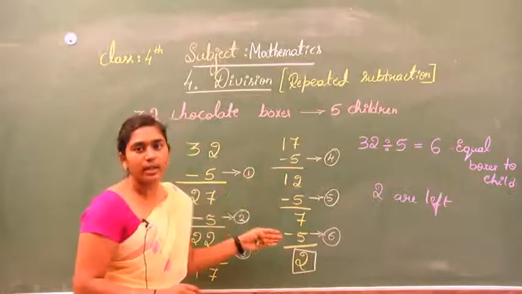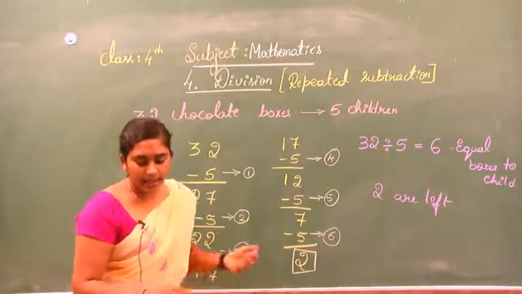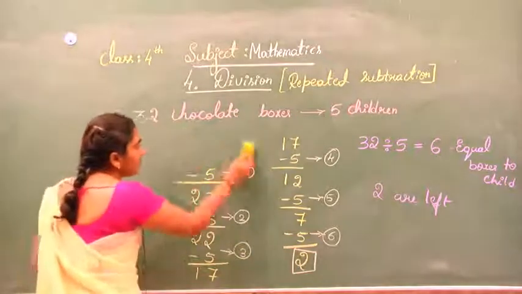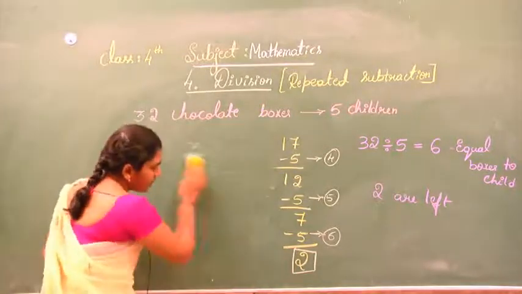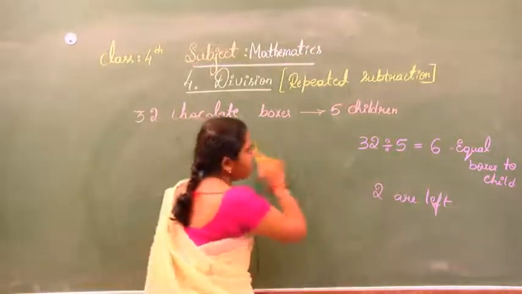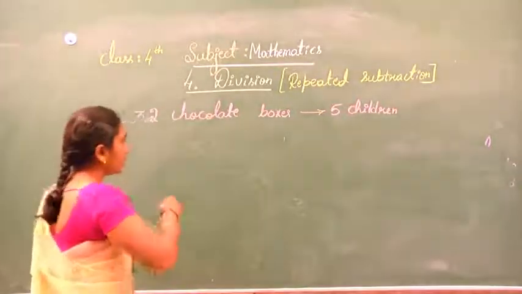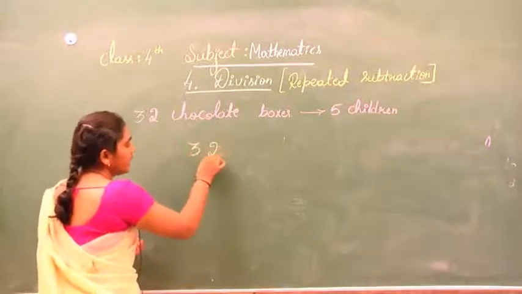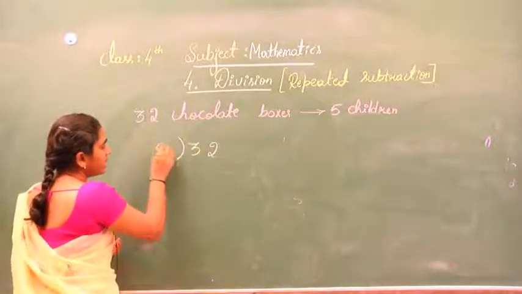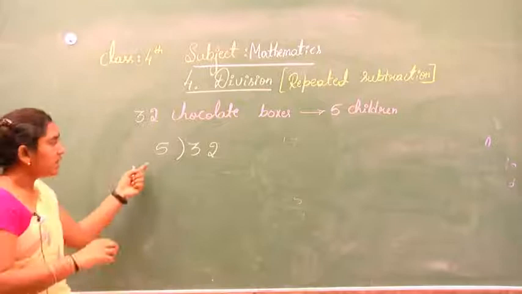This is what you have studied in the lower classes, and the formal method we are doing is long division. By the use of long division, how can we calculate? 32 we are dividing by the number 5.